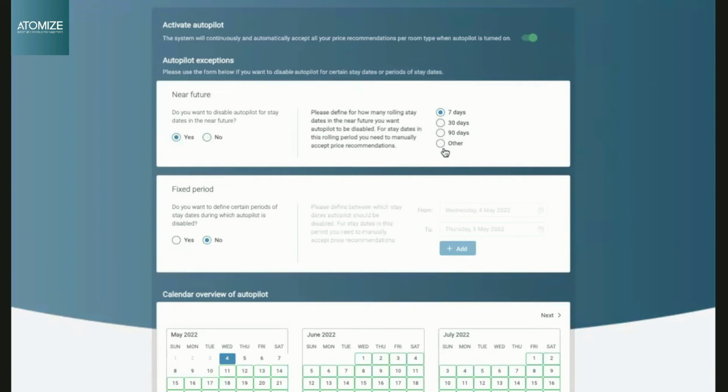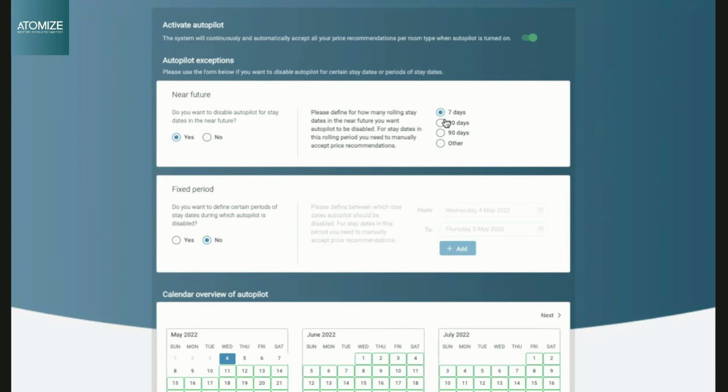If you wanted to control the next 30 days but you're happy to let the Autopilot adjust beyond that, then in a couple of months' time, when those 30 days arrive, you'll have that control back if you need it. But you're not going to miss that opportunity. Exactly. So whatever window you put here, you push it in front of you all the time, so tomorrow is always another 7 days and so on.